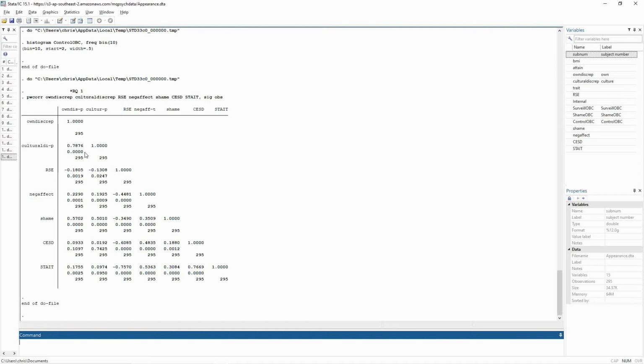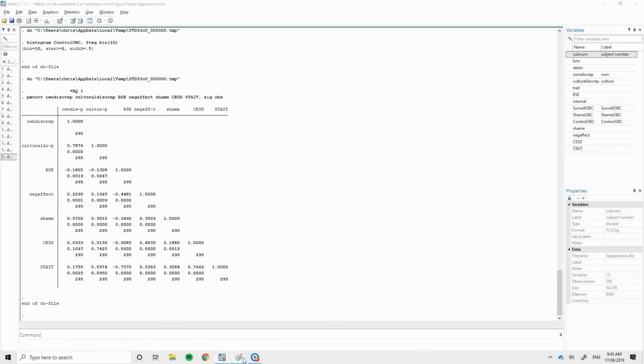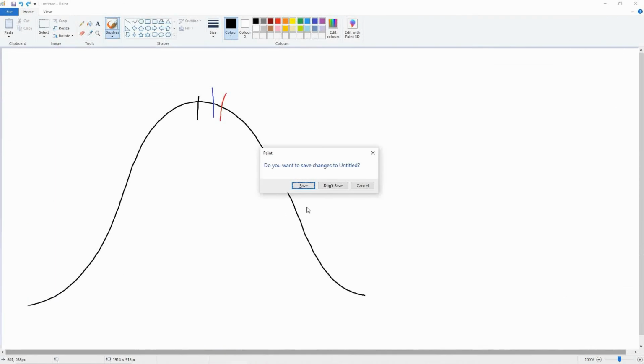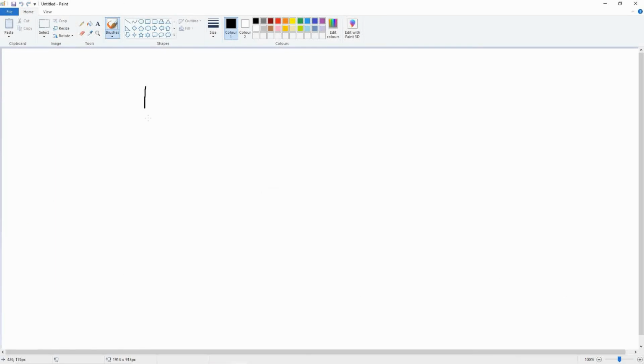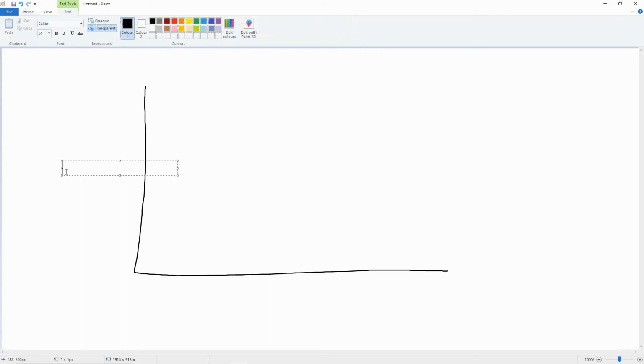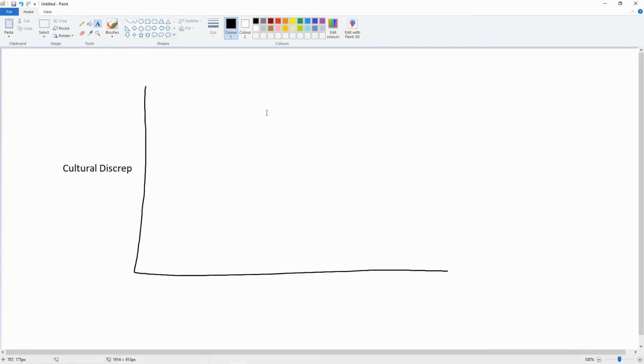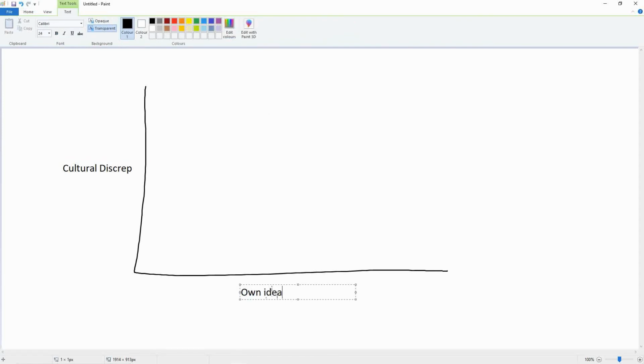Now let's talk a little bit about what the first two numbers mean, this Pearson's R and this particular p-value. So the Pearson's R is basically saying, if we get a new plot, we have culture going up here, so let's put in cultural discrepancy, and then down the bottom, own ideal discrepancy.